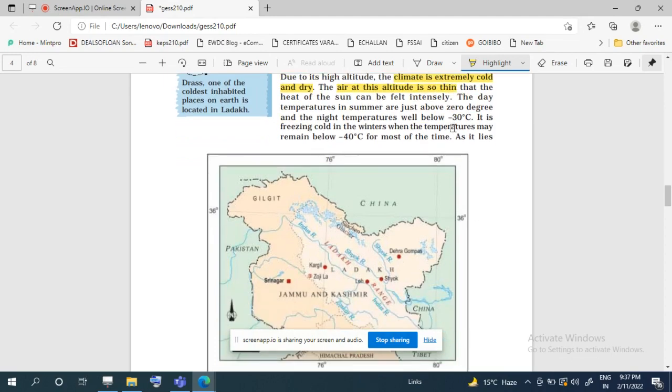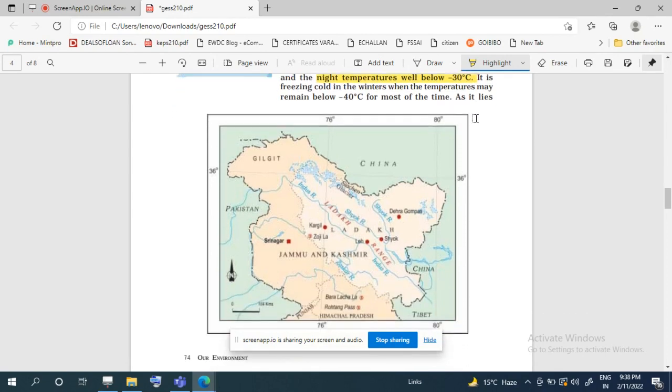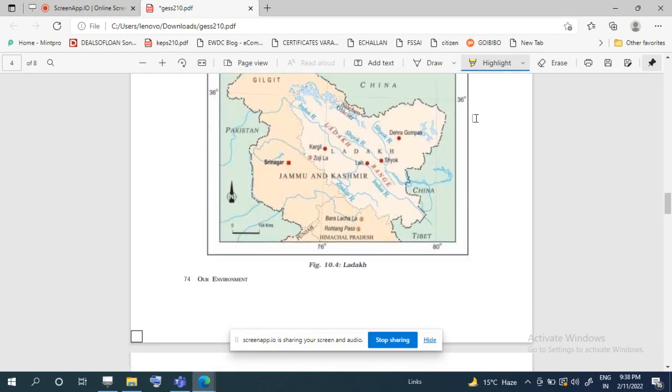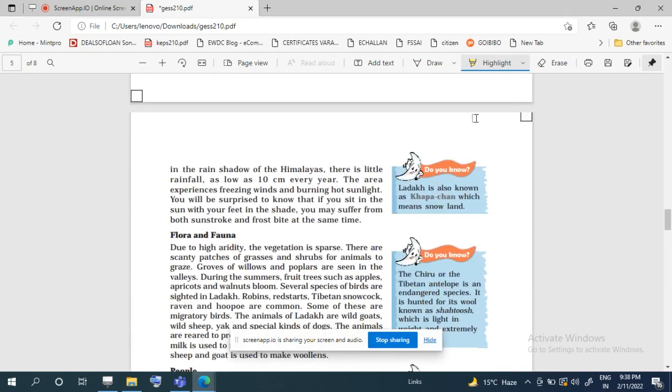And in the daytime the temperature is just above 0 degree, है ना. डे टाइम में टेम्परेचर 0 डिग्री से अबव हो जाता है, जस्ट अबव. एंड नाइट टेम्परेचर जो है वो तो दैट गोज बिलो 30 डिग्री, -30 डिग्री. सो इट इज़ फ्रीजिंग कोल्ड इन द विंटर्स. विंटर्स में तो जो रात का टेम्परेचर है वो और भी नीचे चला जाता है, लाइक -40 डिग्री तक टेम्परेचर होता है. सो ये बहुत ही हार्श क्लाइमेट इसको हम कहेंगे.